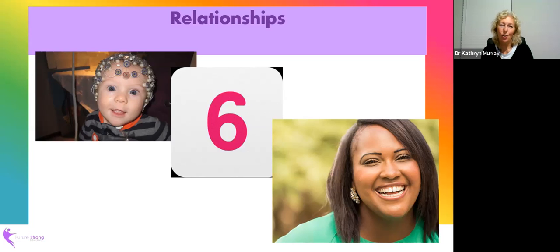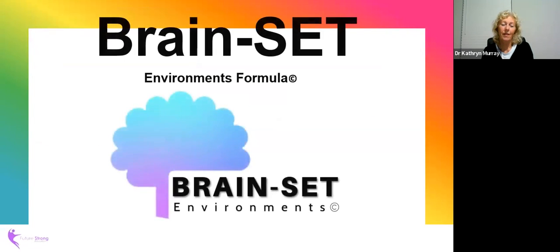So it just goes to show the difference that eye contact and a smile makes to stimulate the brain and build those relationships. It's really important that we do a lot of these things as teachers and educators, so that we are supporting the whole development of the whole child.